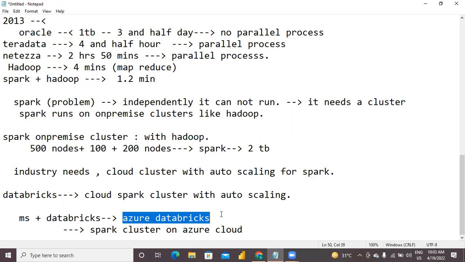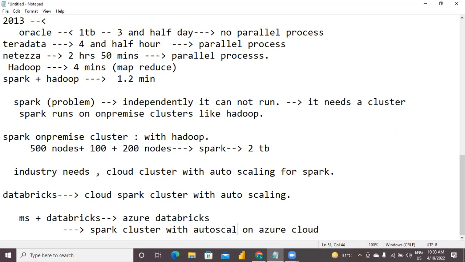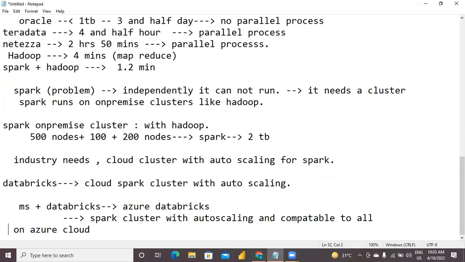Understood the points? So simply, the comment about Azure Databricks is: a Spark cluster with auto scaling and compatible to all Azure data storage services on Azure Cloud Platform.